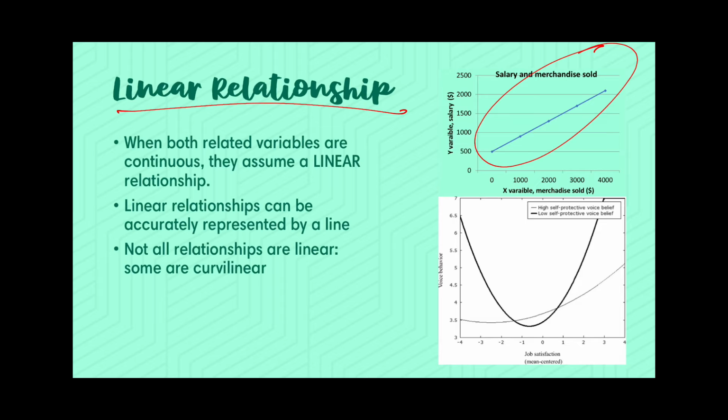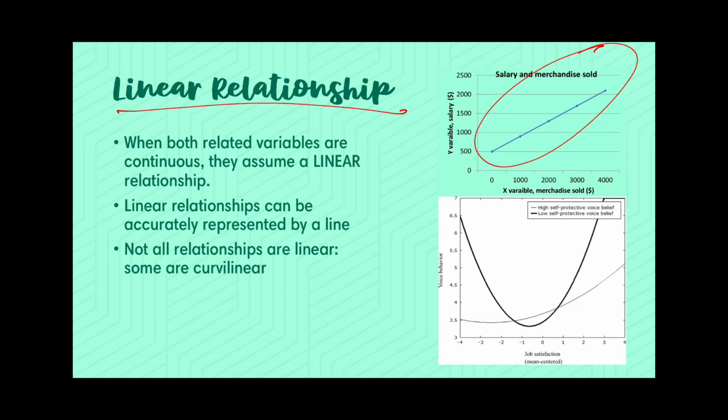The direction and the magnitude will determine how the other variable will react when one variable moves across that line. So that's a linear relationship. And usually when you talk about a linear relationship, it's represented by a line.